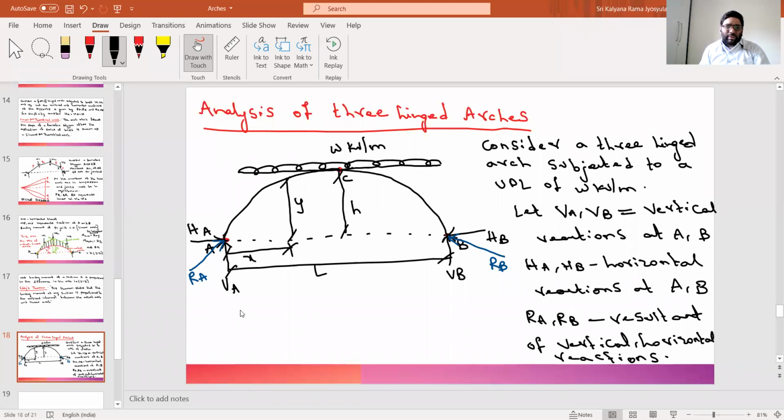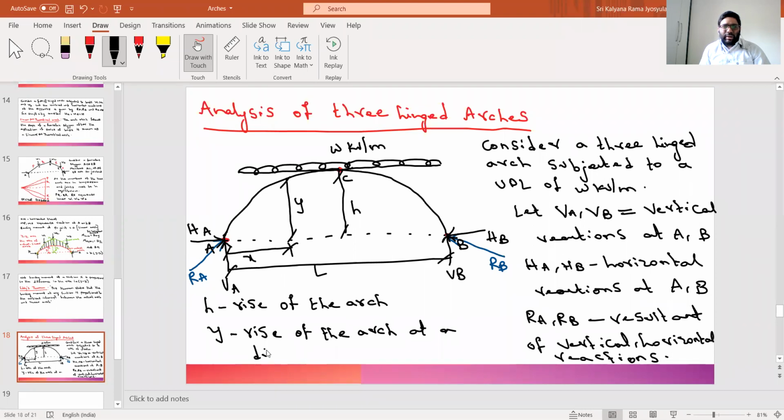Then h is the rise of the arch. y is the rise of the arch at a distance x from A. h is the rise of the arch, L is the length.